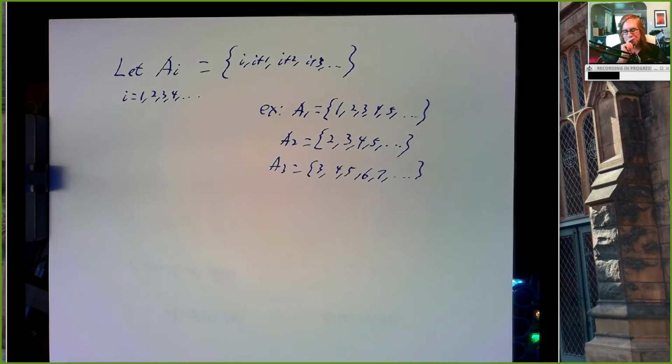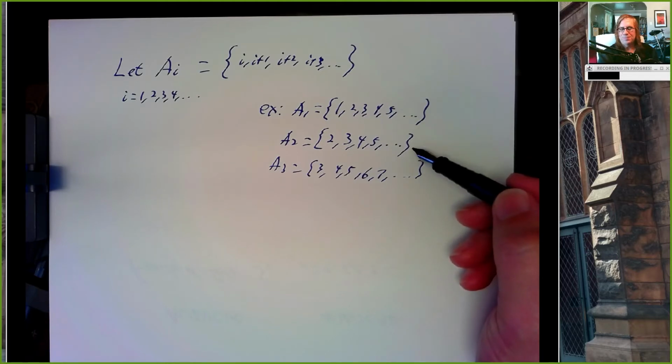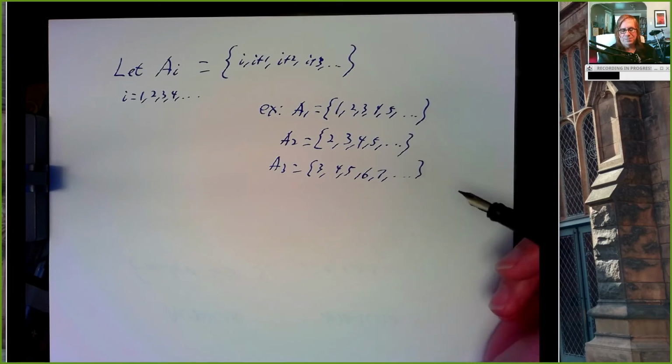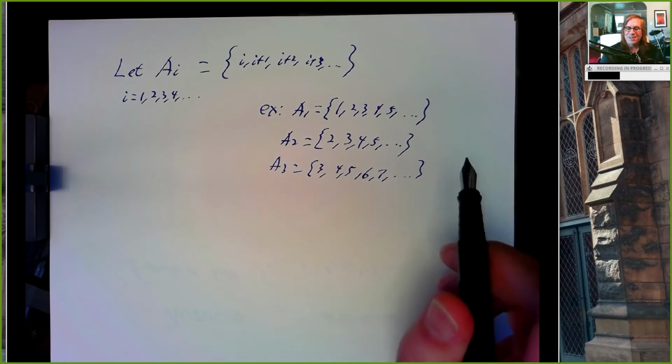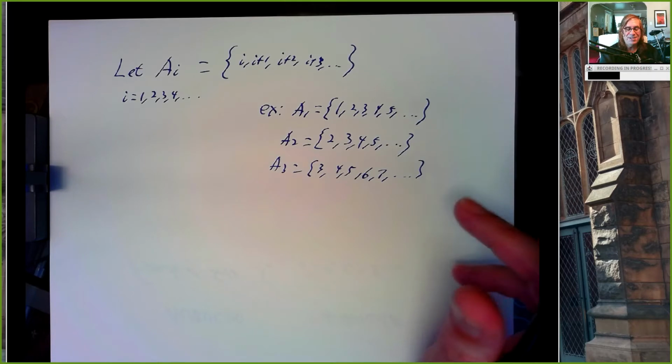Okay, so is A1 infinite or finite? Infinite. How about A2? Also infinite. Are there any A sub I that are not going to be infinite? No. Okay, good. Now, if infinity was a number, maybe A infinity would be finite, but infinity is not a number.